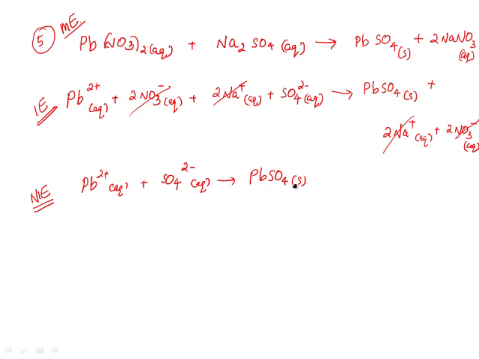Okay. Limiting reactant problem. Again, exam 2, I believe. Iron is a transition metal.